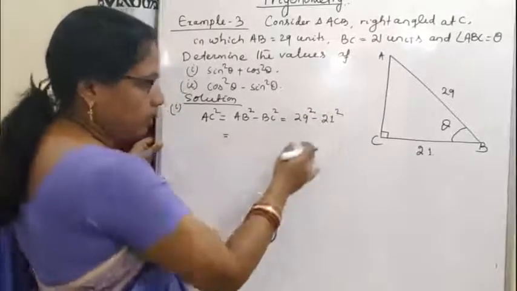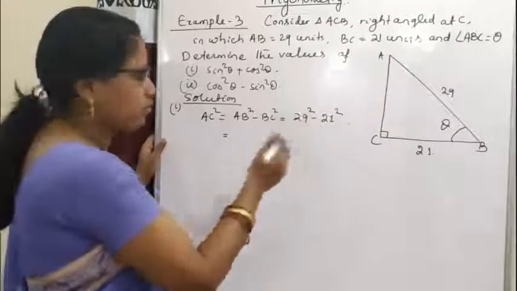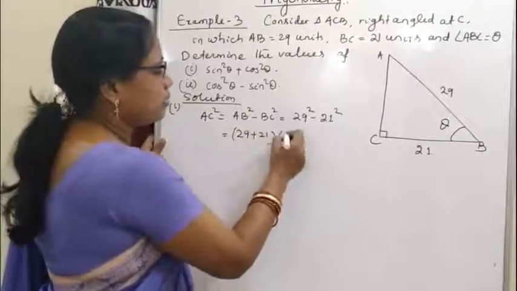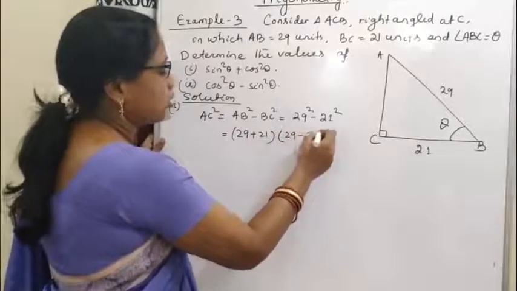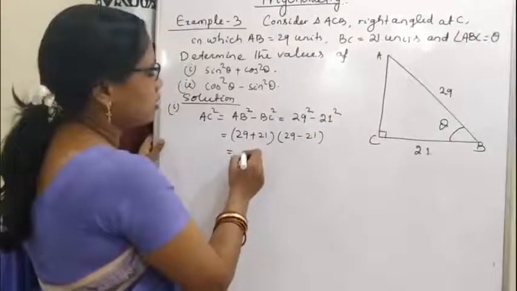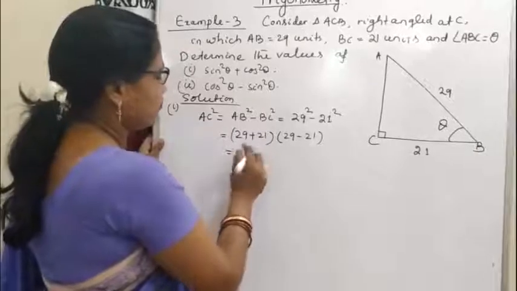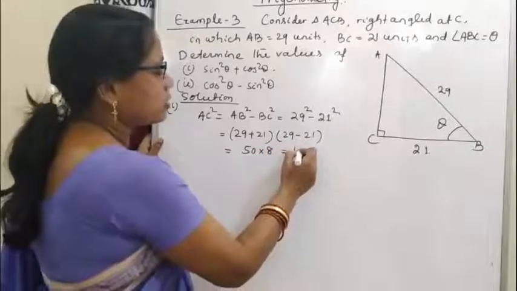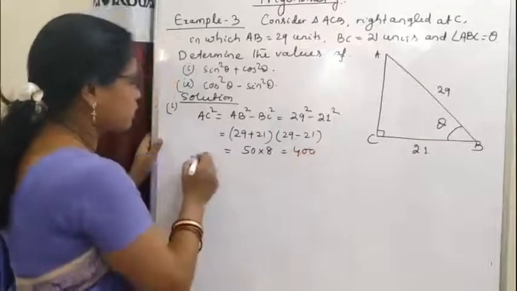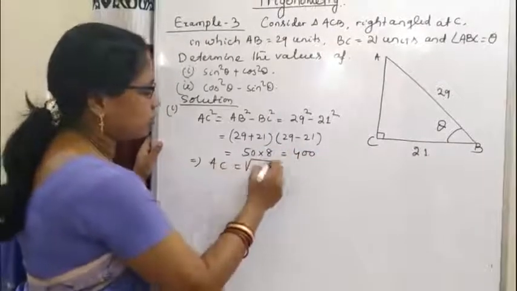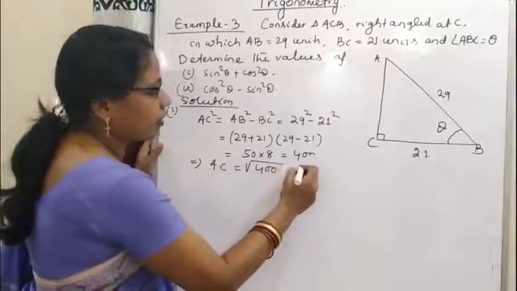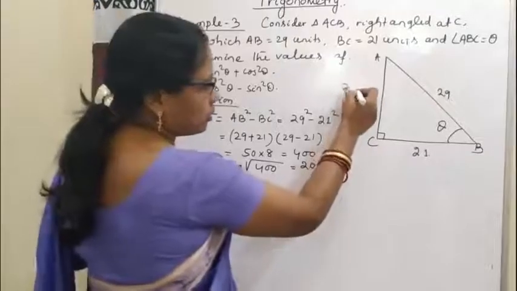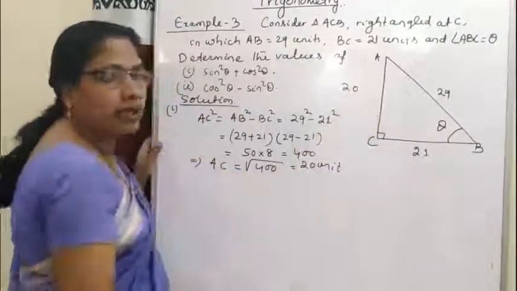So this can be written as A square minus B square is equal to A plus B multiplied with A minus B. So this is equal to 50 multiplied with 8. So this is equal to 400. So this implies AC is equal to square root of 400, that is 20 unit. So here we got AC is equal to 20 unit.